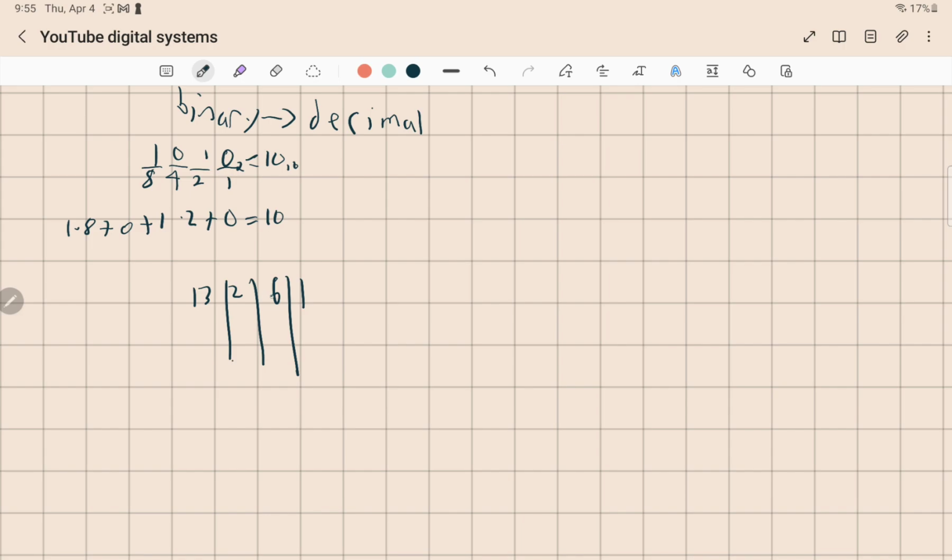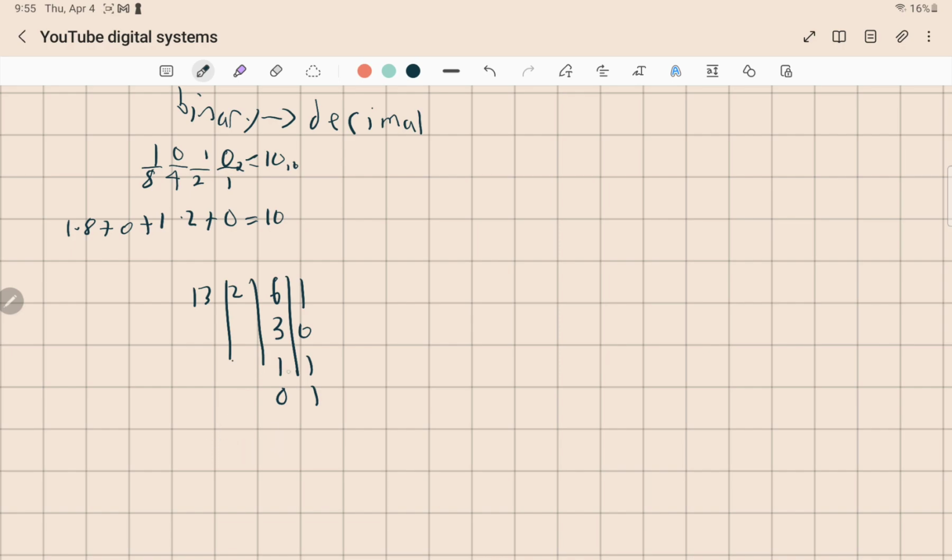Then we do 6 divided by 2. So that's 3 remainder 0. And it's 3 divided by 2. So that's 1 remainder 1. 1 divided by 2 is 0 remainder 1. So the answer, this is going to be to the right, and this is going to be to the left.